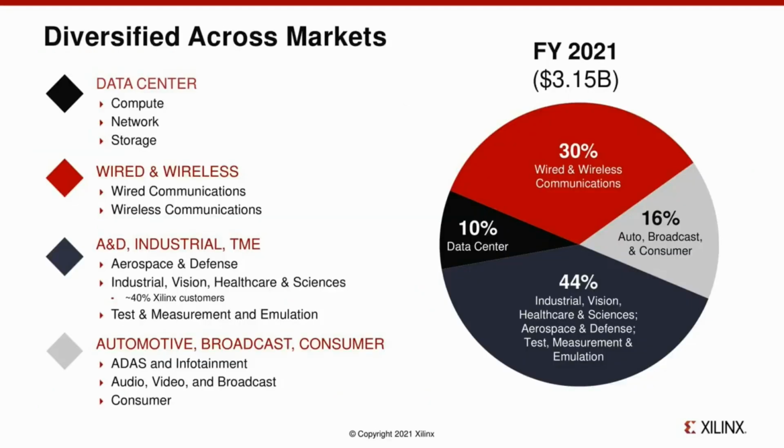So Xilinx is quite diversified in terms of the markets that we serve. Our primary market has been the industrial, automotive, and defense and aerospace. But over the period of time, we have also diversified into wired and wireless. We are very much there in the 5G domain right now. Recently we have also started working on the data center.